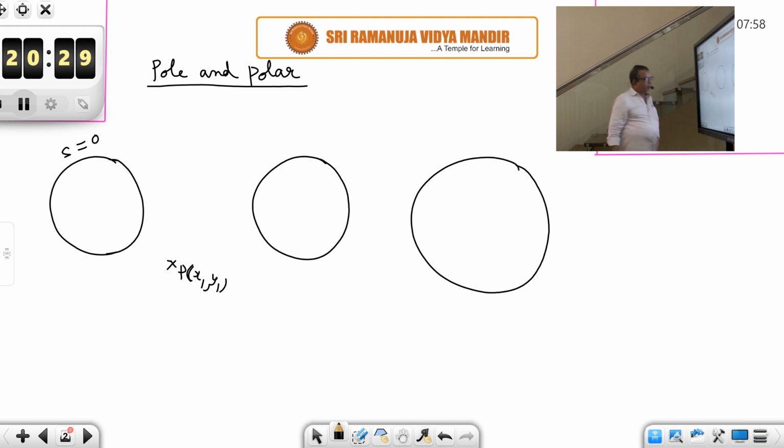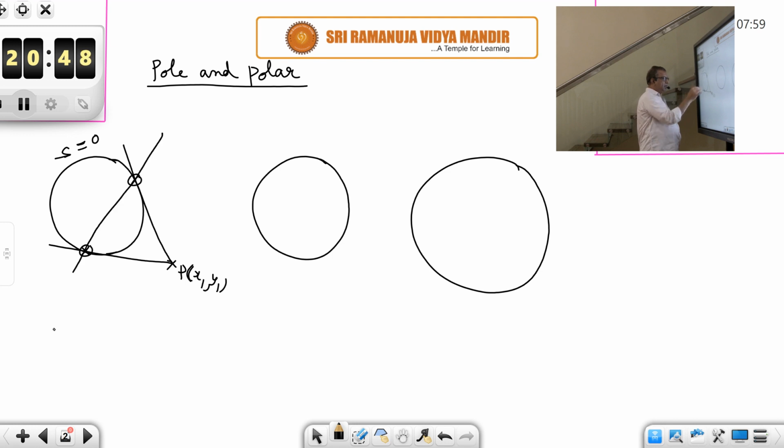Then for a point outside the circle, the chord of contact and polar are one and the same line, and their equation is S1 equal to 0. So chord of contact means you draw two tangents touching the circle at 2 points, join the points of contact. This is what? Chord of contact of P as well as polar of P.